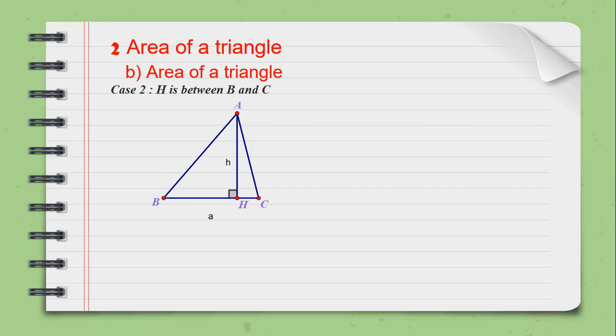Case number 2. H is between B and C. In this case, we can divide the big triangle ABC into two smaller right triangles, which are AHB and AHC.